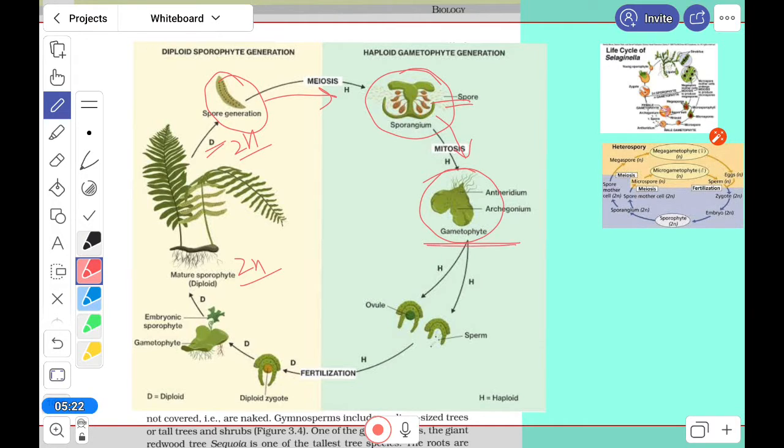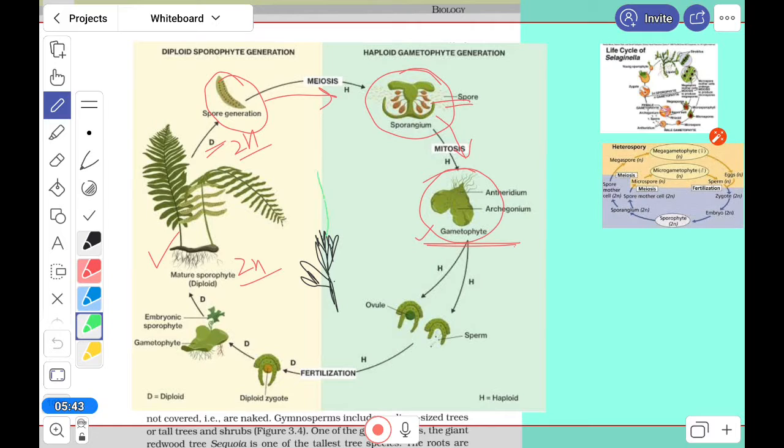This is the gametophyte. See the big difference here: the sporophyte and the gametophyte are not attached. In the previous case, we saw a female branch and a male branch, and the sporophyte produced the fruit, seta, and capsule on the female branch.